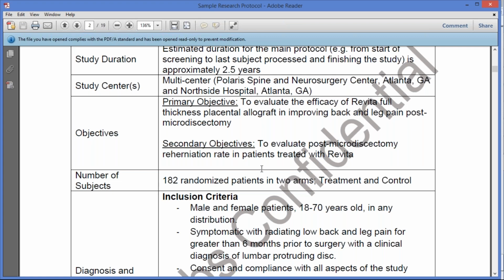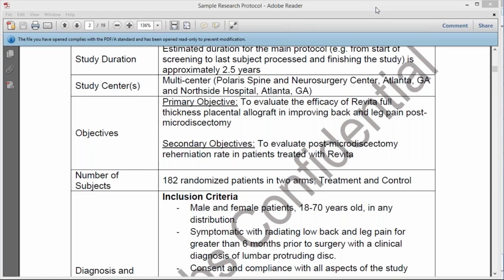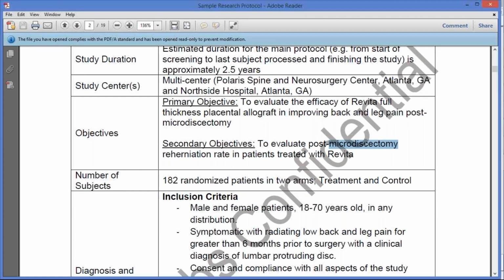So two aims here: to evaluate the efficacy, and to evaluate the reherniation rate in people who were treated with Revita.